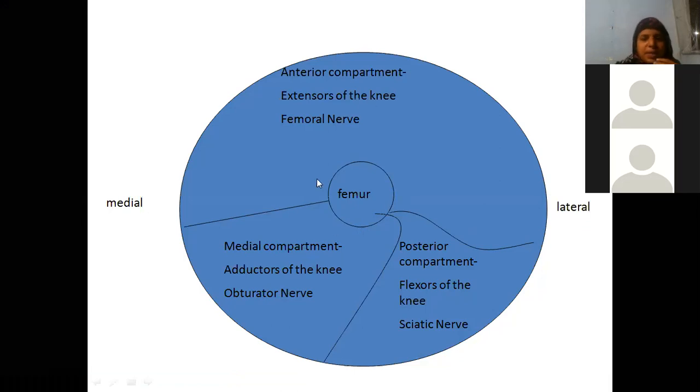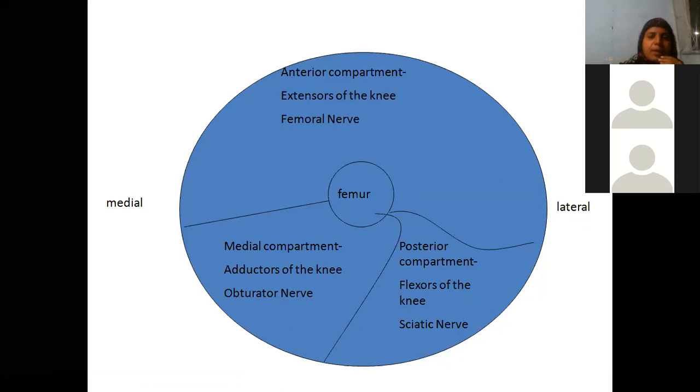See, Ritika, I'm just listing out for you. In the front of the thigh we have the quadriceps femoris muscle, that means four muscles together: vastus medialis, vastus intermedius, vastus lateralis, and rectus femoris. These are the major muscles. Apart from that, we also have sartorius and articularis genu, which is very small.